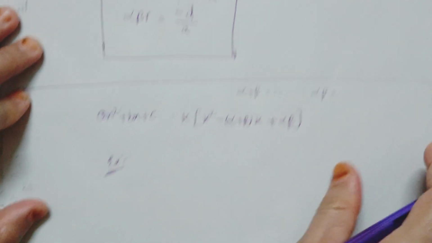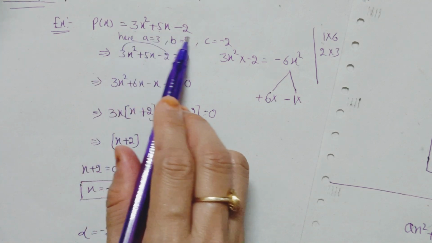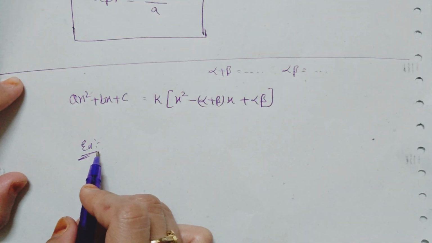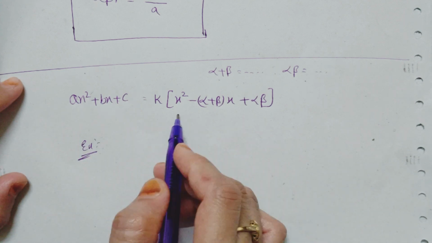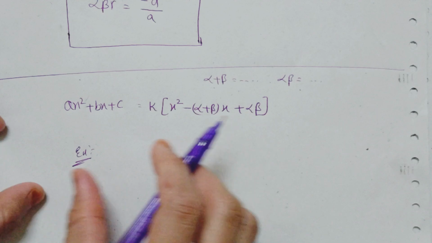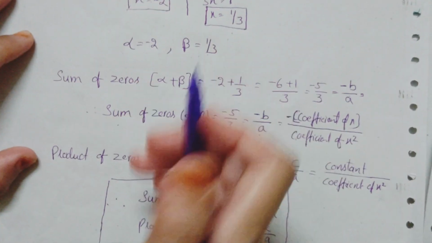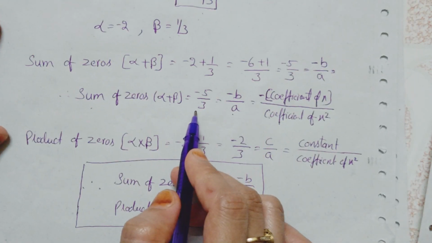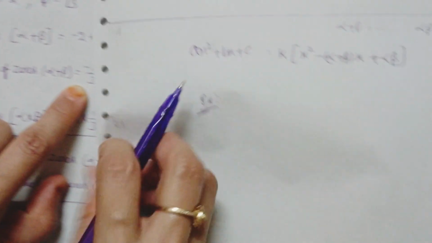Let's see an example from what we have discussed, so that it will be clear. I have to get the quadratic polynomial by using this formula. What is the sum of zeros, which is alpha plus beta? Let us take minus 5 by 3 as the example.